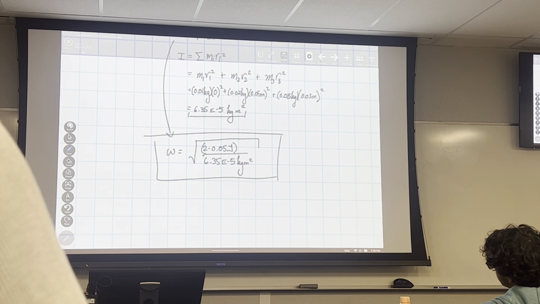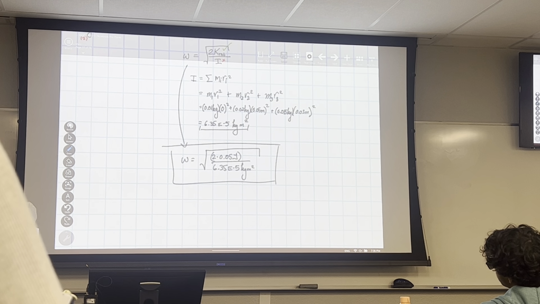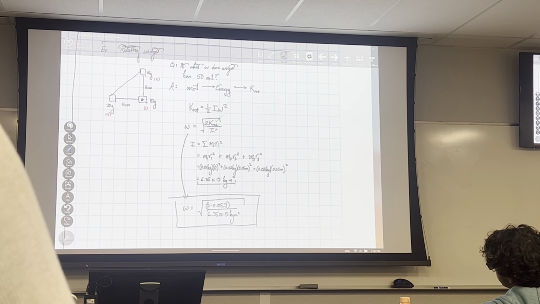Why is it 0.05 joules? Wouldn't it be negative 5? Or where did it come from? 50 millijoules. Oh, right.